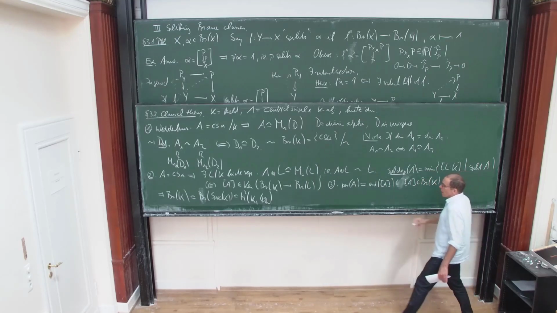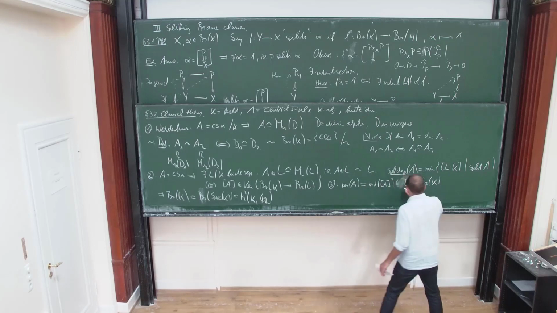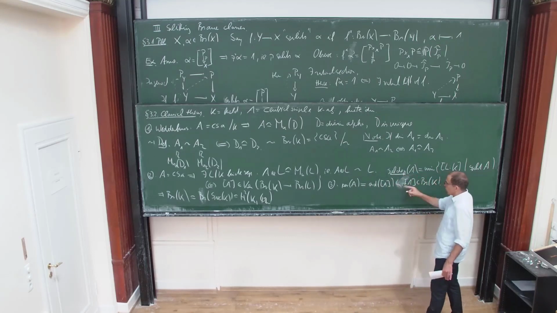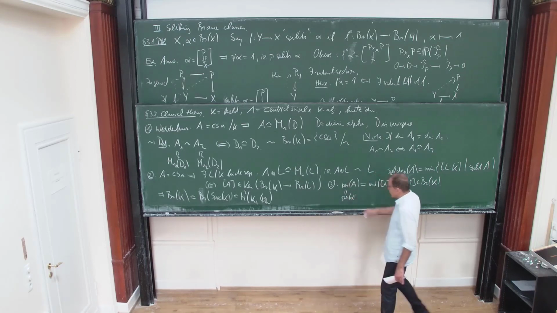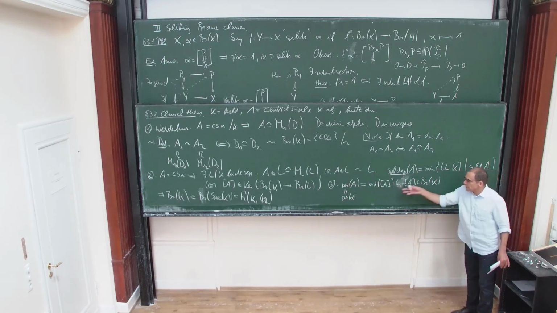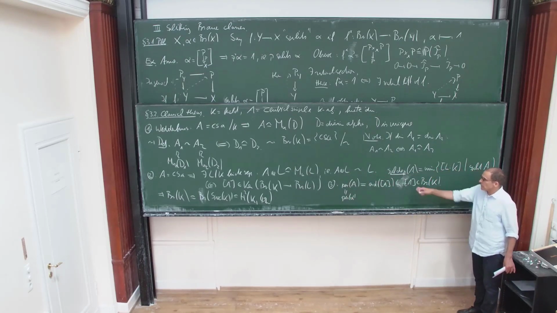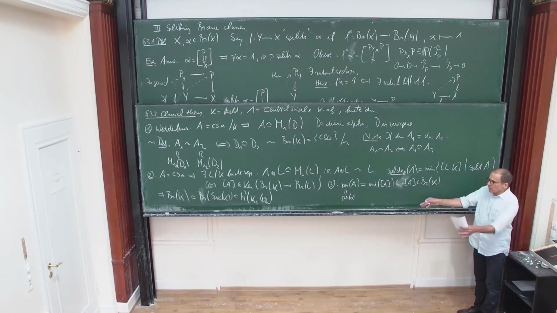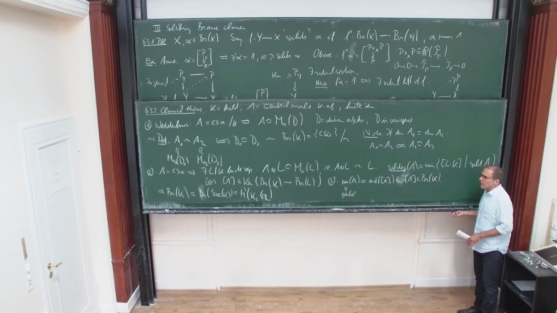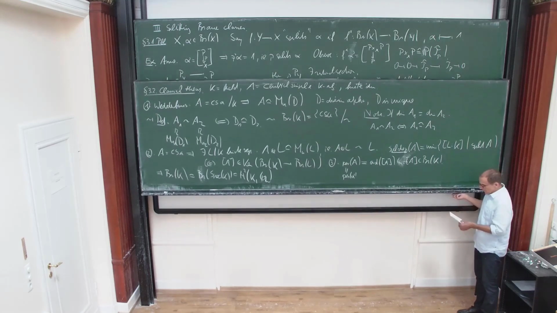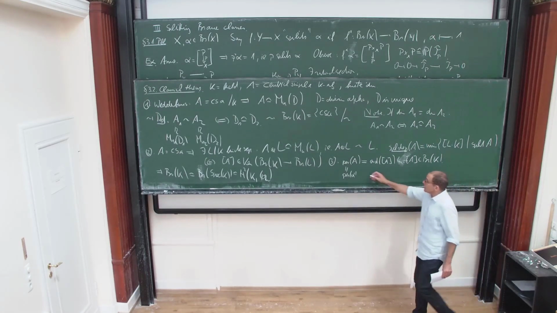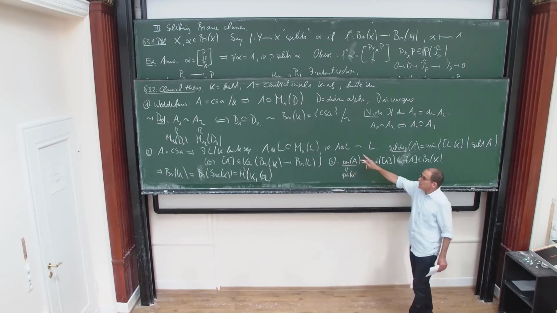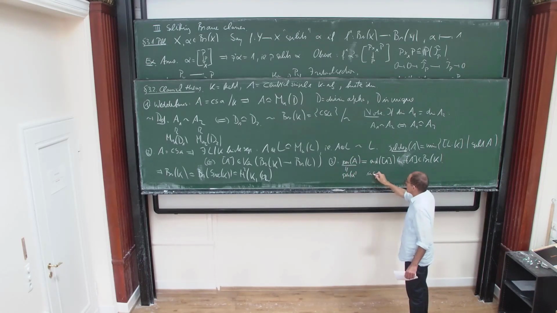If I fix the class and call it alpha, then the period is also called the period of alpha. By definition, that doesn't depend on the Azumaya algebra, but only on alpha. So when people talk about the period of the Brauer class, that means just the order. Some people also call this the exponent. So it's just the order.